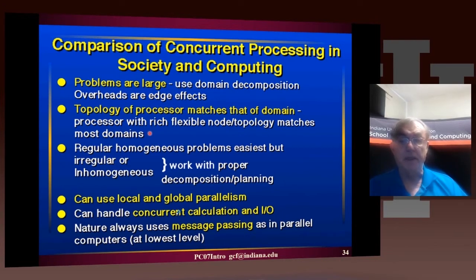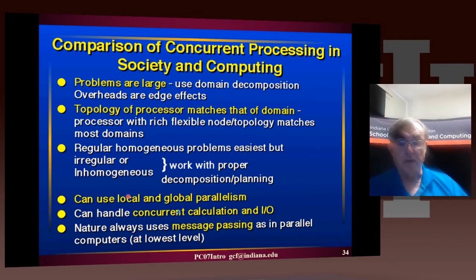They tend to need so-called reduction operations or broadcast operations, where one node sends information to several other nodes. And as I said, although the simplest regular homogeneous problems are easiest, we know how to do irregular and inhomogeneous problems. We just need to do the correct decompositions and correct dynamic structure.